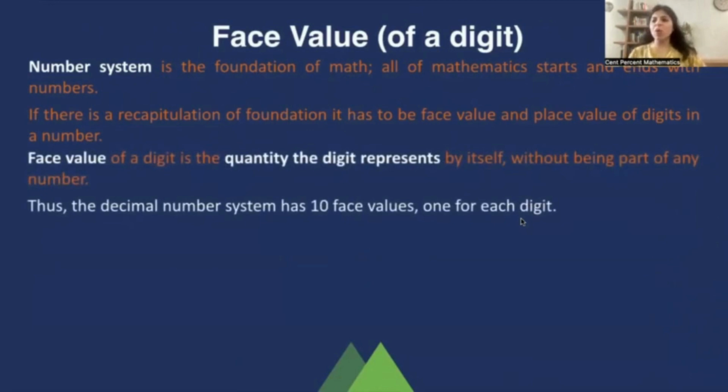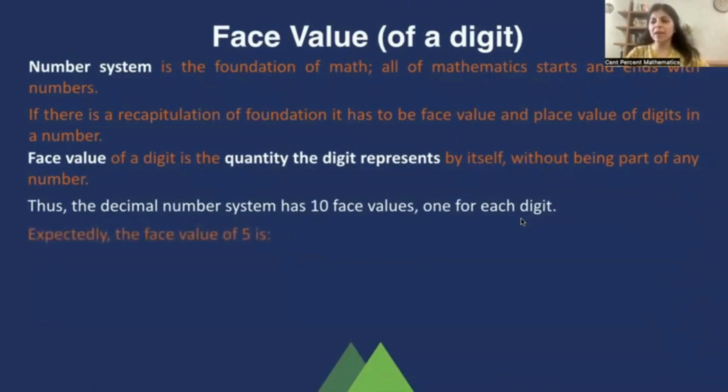So face value of a digit is the quantity the digit represents by itself. So the digits are 0 to 9 in the decimal number system, and 0 to 9 are 10. So there are 10 face values of any digit.